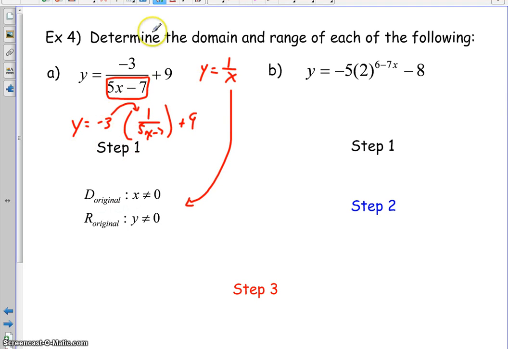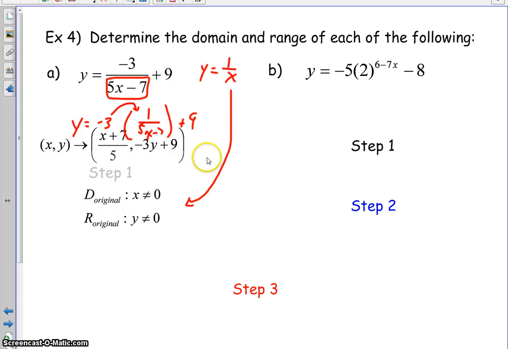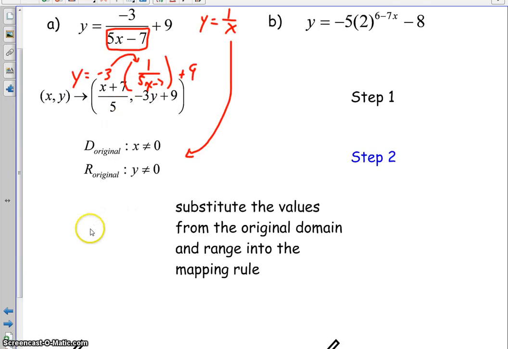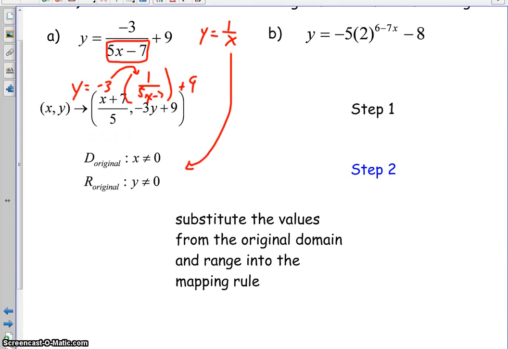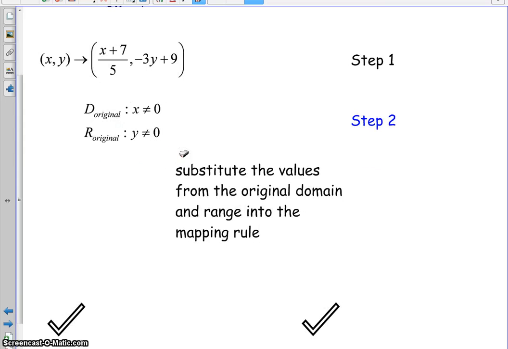Okay, so for your mapping, what you should wind up with is x plus 7 over 5, and then negative 3y plus 9. Your next step is to substitute the values from the original domain and range into the mapping rule. So let me just clean this up a bit. Your values from the original domain and range are 0 for x and 0 for y.